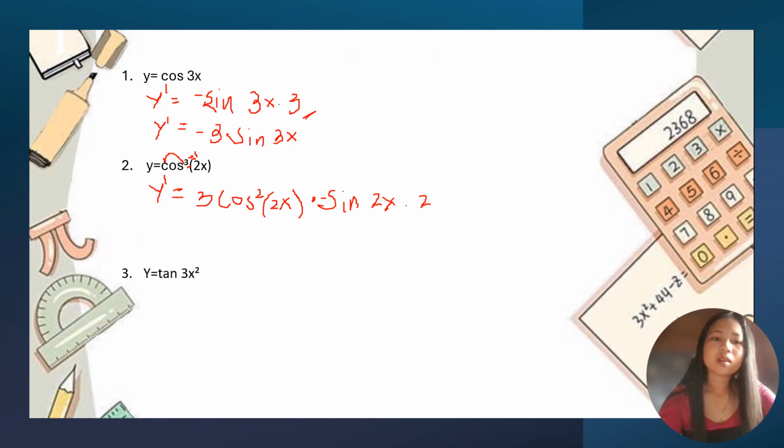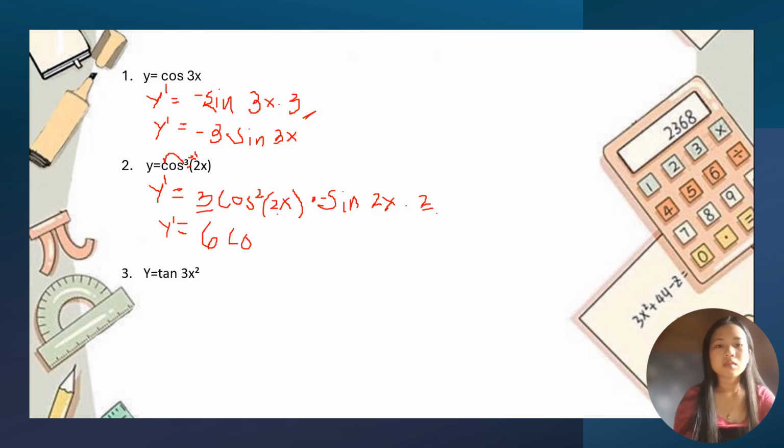Simplifying, we multiply the 2 and the 3, so we get 6 cos squared 2x times negative sine 2x.